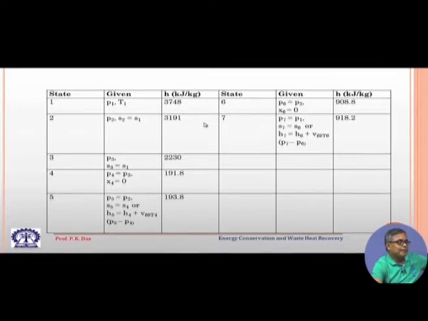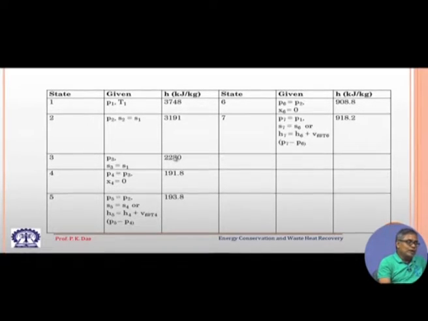And then we can move to state point 3, that is the entry to the condenser. At the entry to the condenser, we know the pressure of the condenser. So P3 is known, and again S3 is equal to S1, because we are following a reversible adiabatic expansion process.